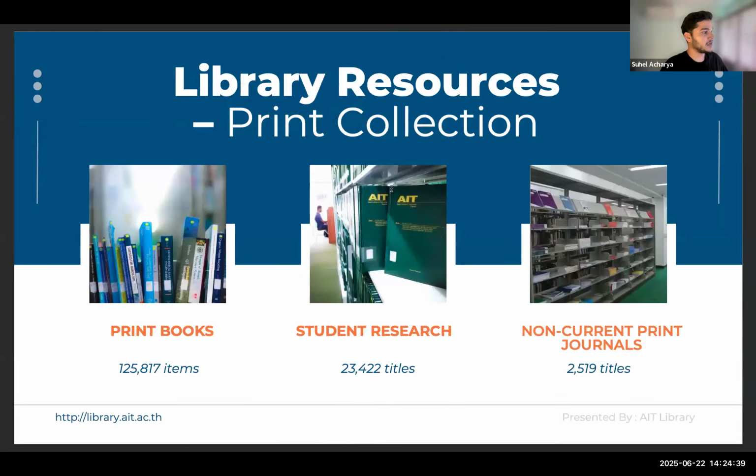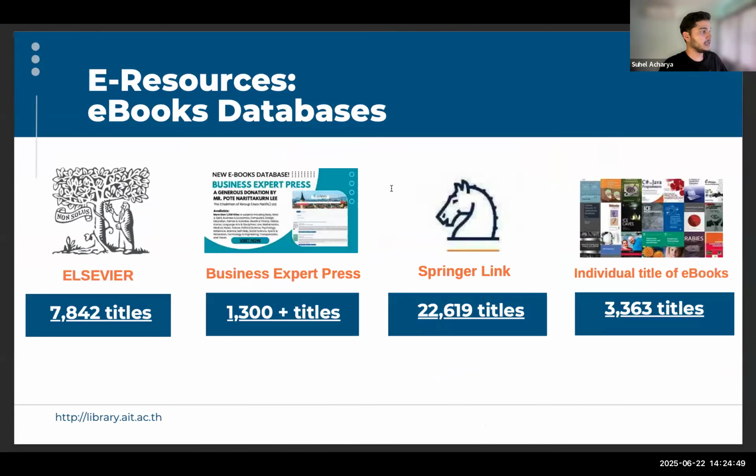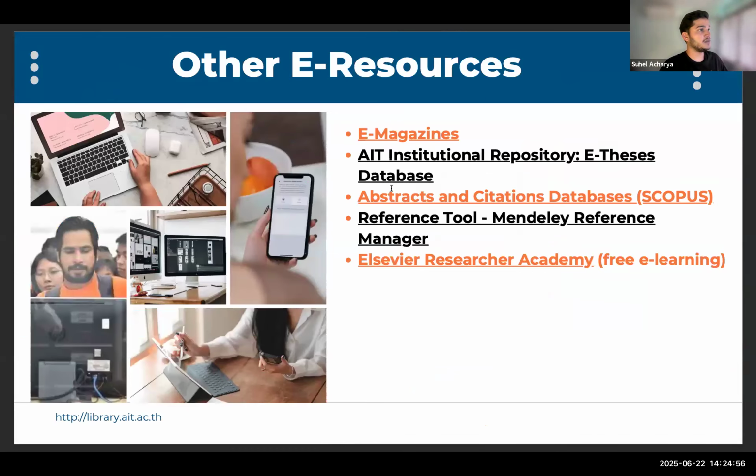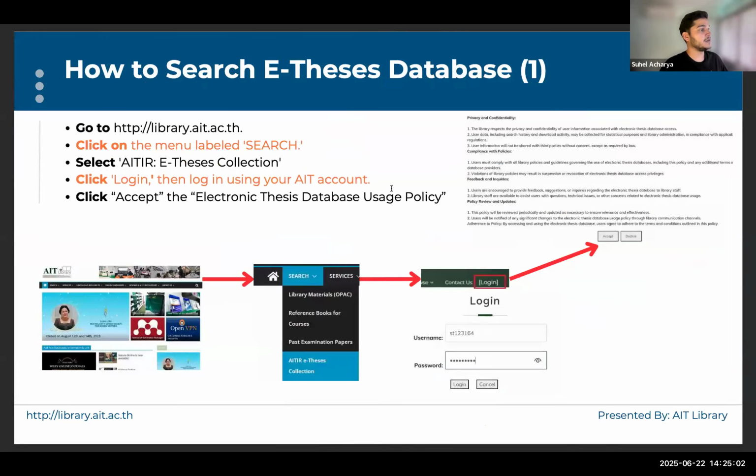This slide talks about how many papers and print books are available in the library, what journals we have access to, right? And then Elsevier, Business Expert, Springer Link, individual title books. Okay, this is just about what other resources the library has.